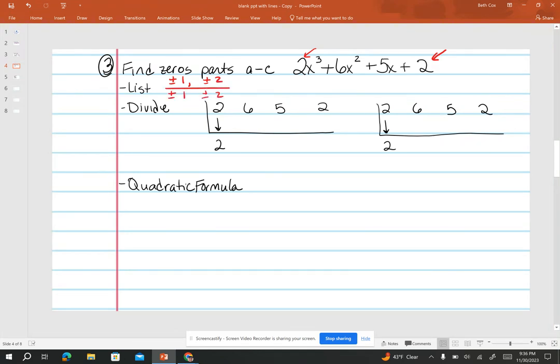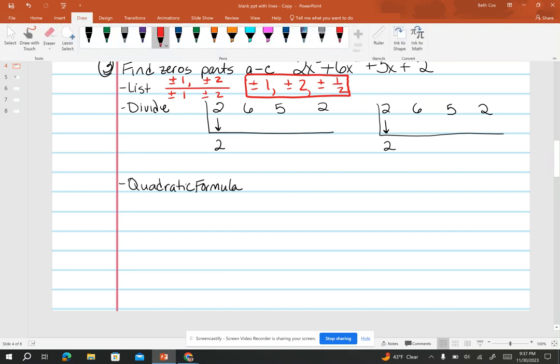So when I list those out, 1 over 1 is 1, 2 over 1 is 2, 1 over 2 is 1 half. And technically 2 over 2 I already have. So I am going to have to type these in. This one actually requires typing those in because those are my possibles.